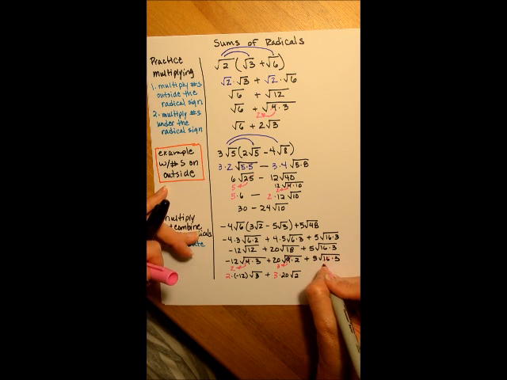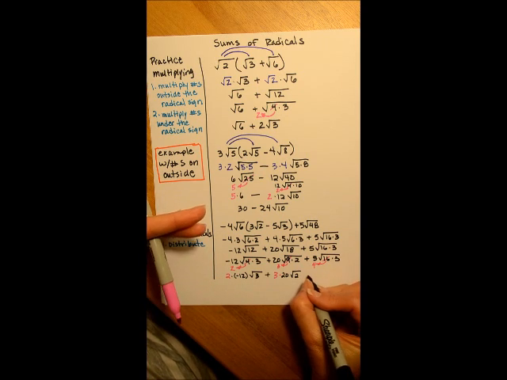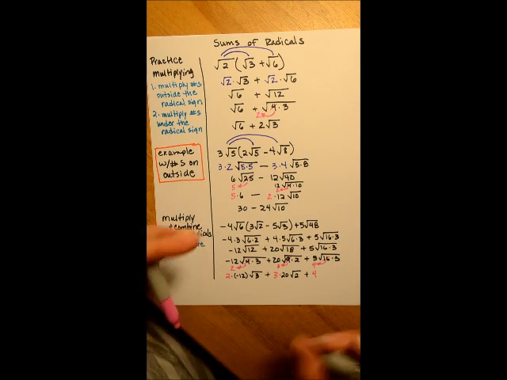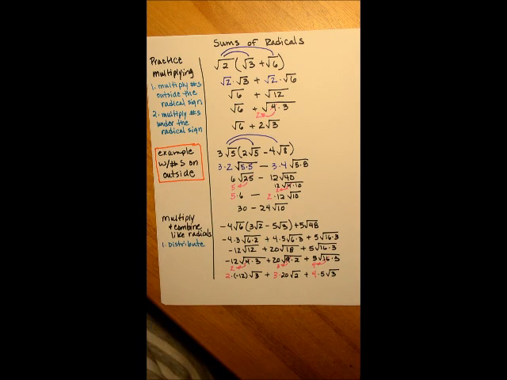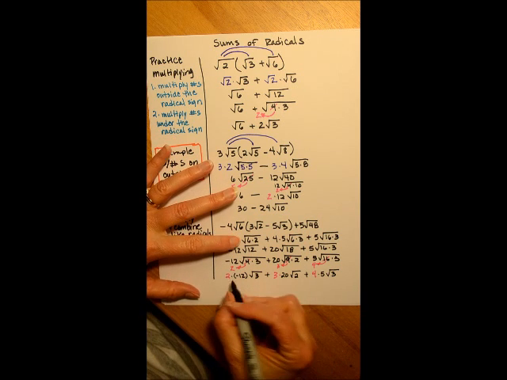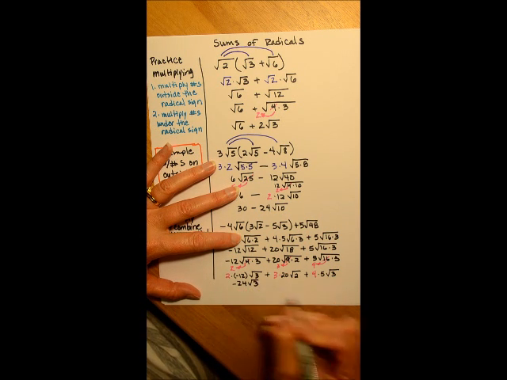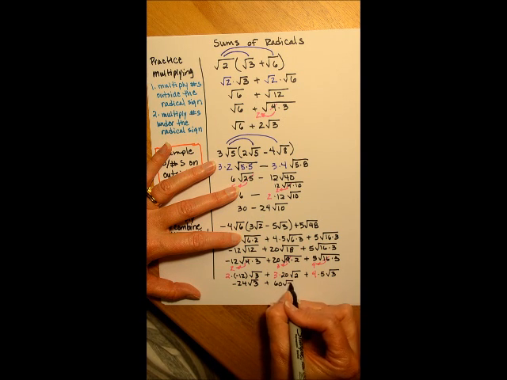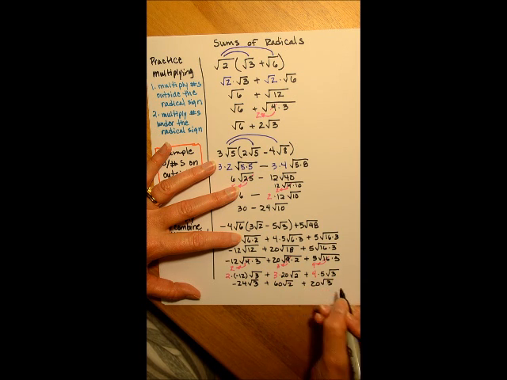And this 16 is going to give me a 4, so what I have is plus 4 times 5 square root 3. Okay, now I just got to clean it up. So 2 times negative 12 is negative 24 square root 3, plus 3 times 20 is 60 square root 2, plus 20 square root 3.